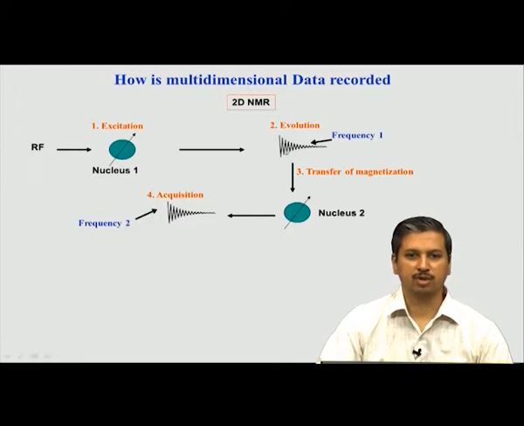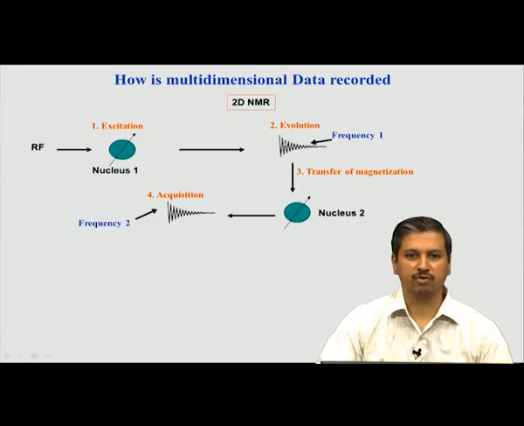Now, what has happened is that when this is evolving, the intensity of this evolution at whatever time it transfers to this, that is captured in this FID. So, this FID, although it has only the oscillations of nucleus 2, also has the information of nucleus 1, because when nucleus 1 was evolving, during that period it had transferred the magnetization to nucleus 2.